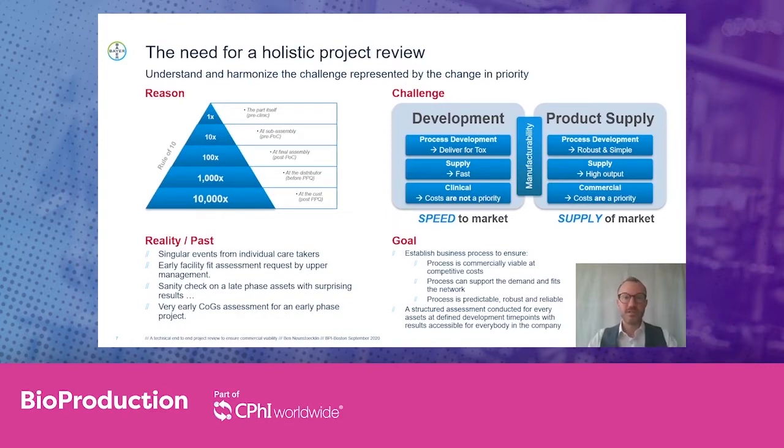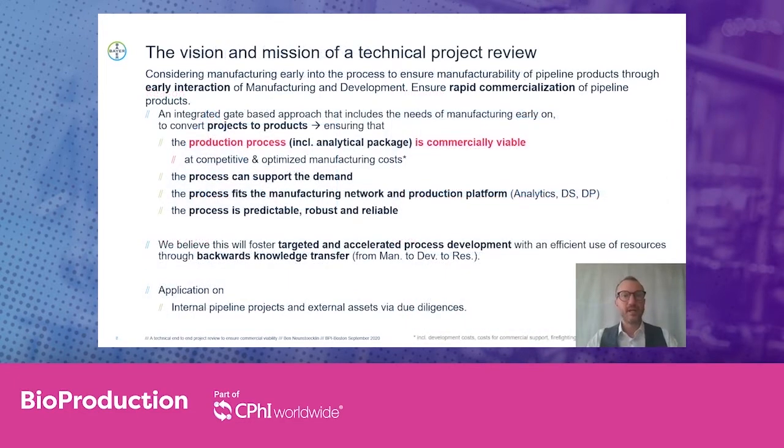We want a structured assessment conducted for all assets at a defined time point during their development life cycle, with results accessible for everybody in the company. Our mission for this technical project review meeting is to consider manufacturing needs early in the process to ensure the manufacturability of our pipeline products through early interactions with development.